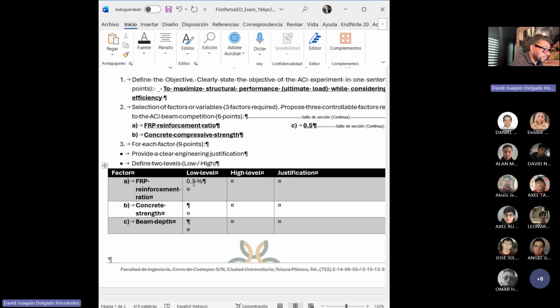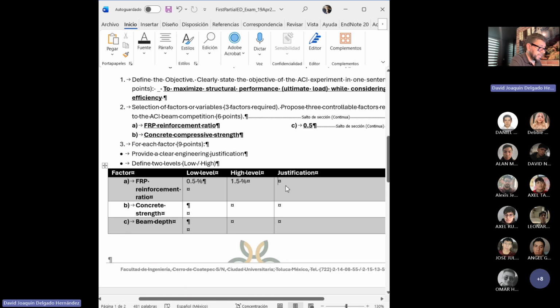And the upper value, it could be 1.5, right? The idea here was for you to propose some values, right? It could be a different value, okay, but the idea was for you to propose some values, okay?